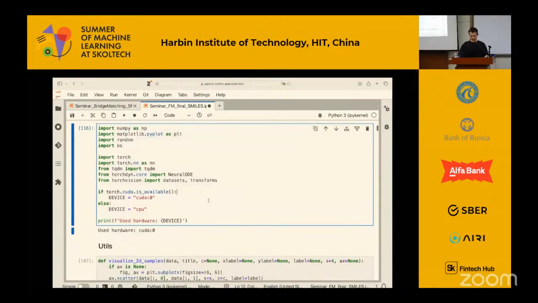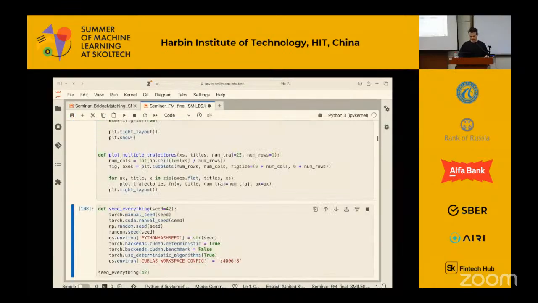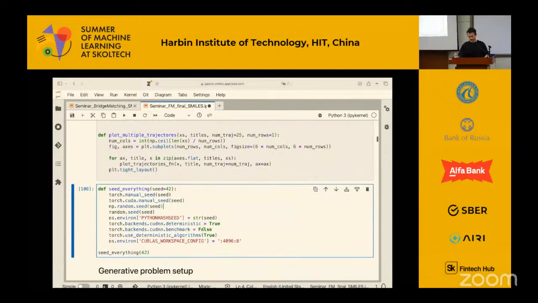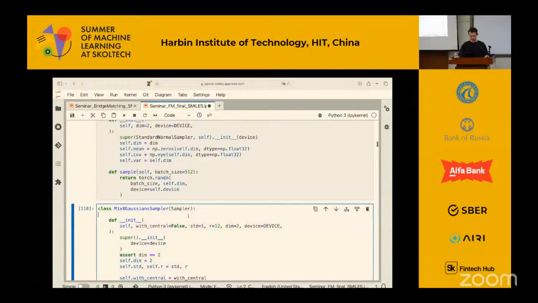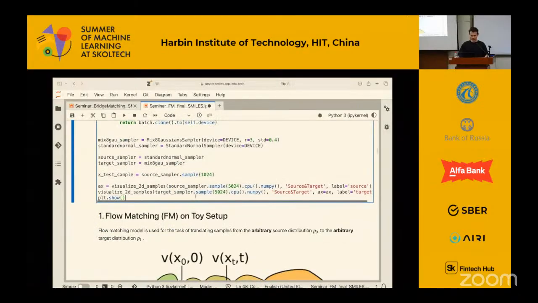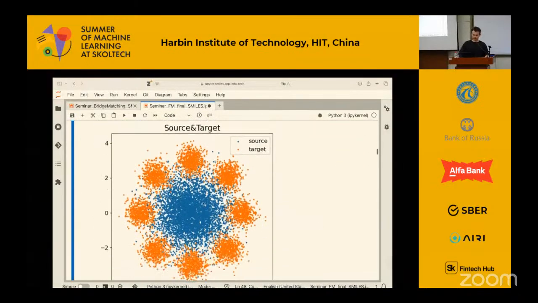first of all, let's start from some inputs and get to see the problem that we are going to solve as a toy problem. That will be a problem of generating 8 Gaussian distributions from one Gaussian distribution.